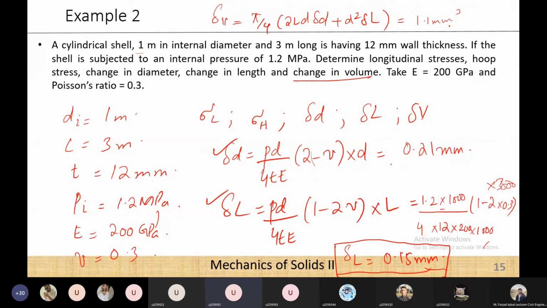Sir, I am getting 1.1 into 10 to the power minus 3 meter cube, so convert it into millimeter cube. The answer is, I think, 1.1 into 10 minus 6 millimeter cube. Anyone got this answer?